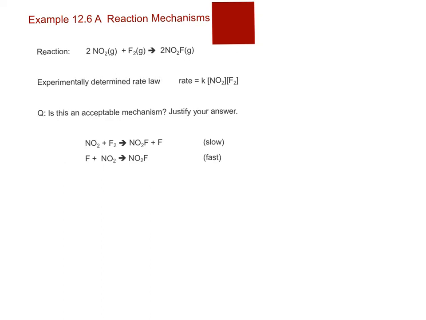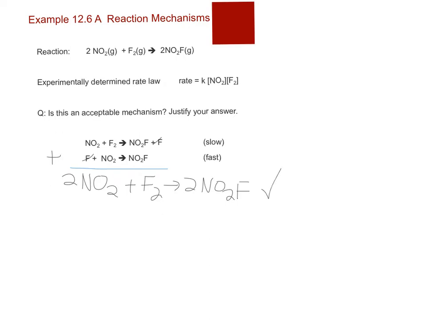One is the sum of this equation needs to match the real balanced equation. So if we add these up, we have to cancel some things out. We cancel out those F's, and then combined we get 2 NO2, and you need to show this and justify it, plus F2 makes 2 NO2F.